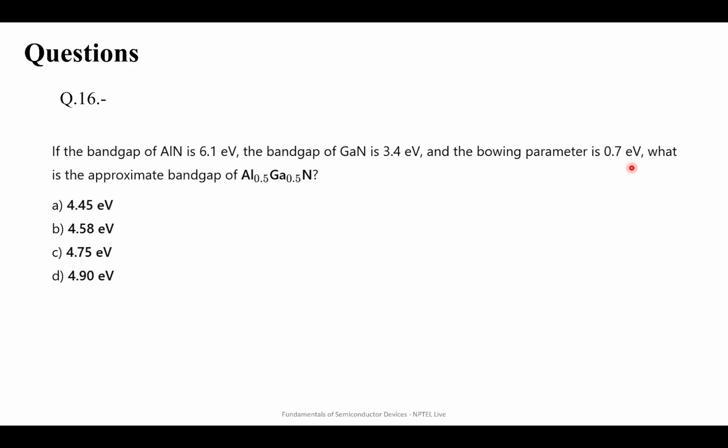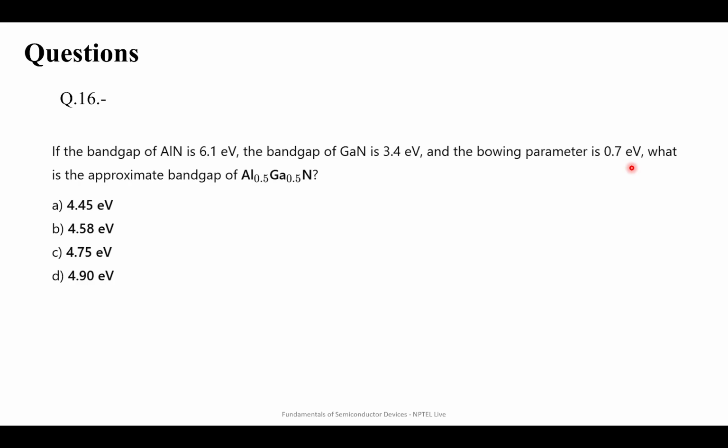What would have been the answer without the bowing parameter? 3.05 and 1.7, so it is 4.75. If there was no bowing parameter, the correct answer would have been 4.75 electron volts. But now you have the bowing parameter to consider also. So what would be the answer, sir?